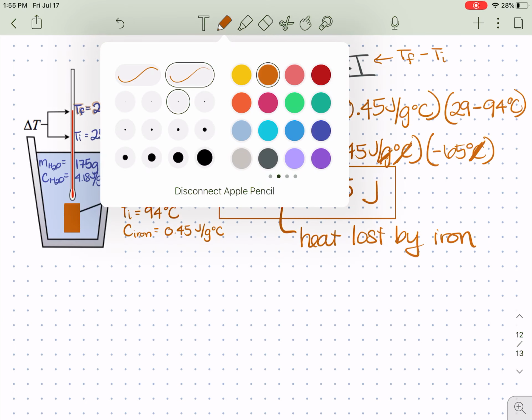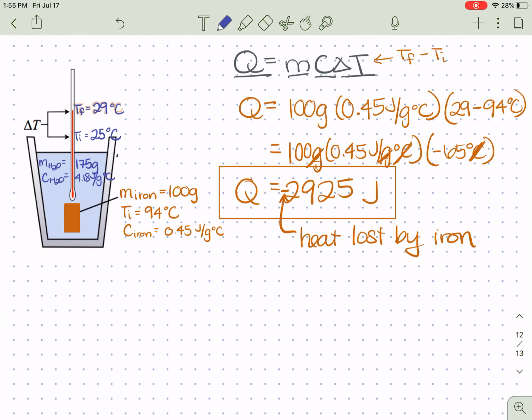Now, oftentimes in a calorimetry experiment, we don't conveniently know the specific heat of our sample, in this case iron, but we always know the specific heat of water. So let's say we didn't know what was in there. We wouldn't even be able to do this whole calculation that we just did. We would have to do it for the water.